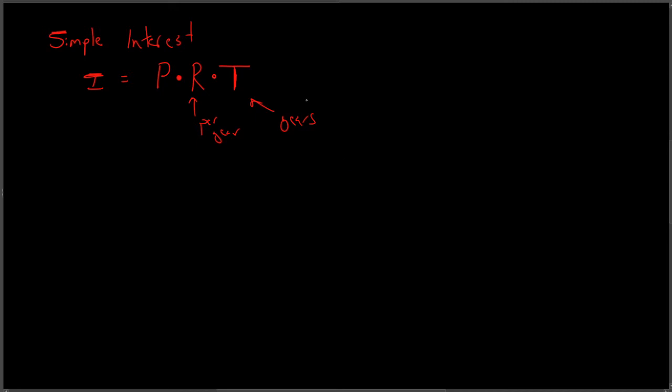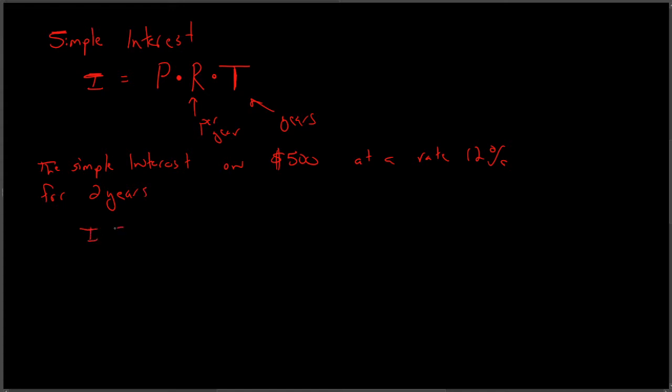So, for example, the simple interest on $500 at a rate of 12%. Again, it's usually understood to be per year, for 2 years. So the interest is going to be the principal, which is $500, times the rate, which is 12%.